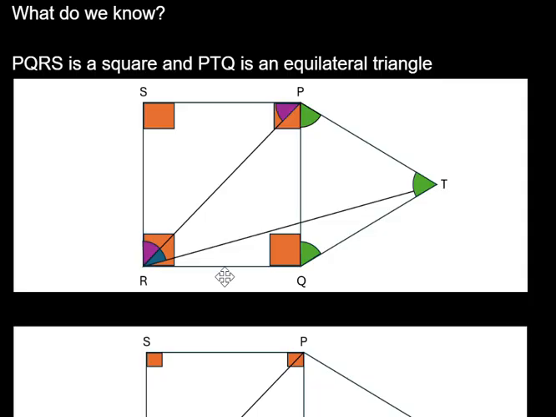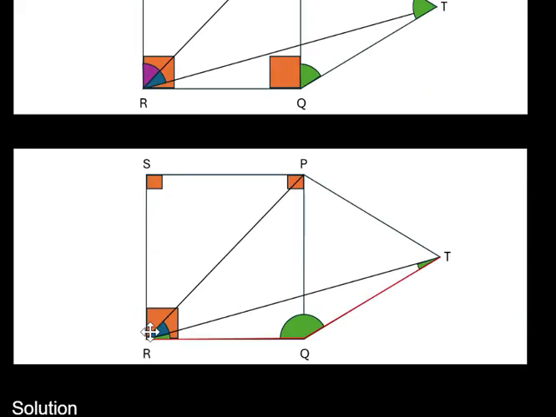So how do I then go about it? Let's look at another piece of information. This is a square, we know. This is an equilateral triangle. What else did this piece of information give us? If this is a square, PQ is the same length as RQ.